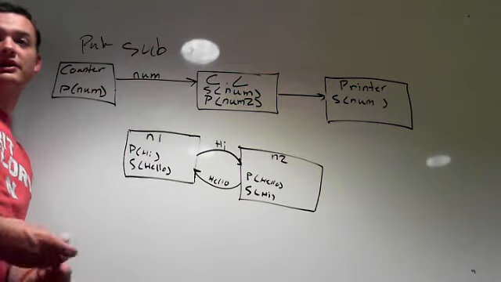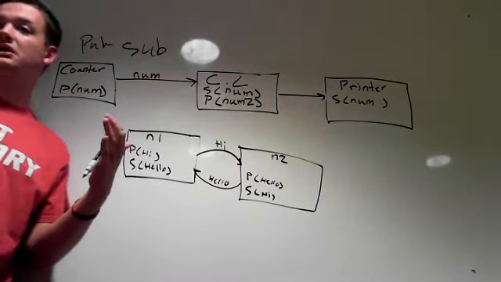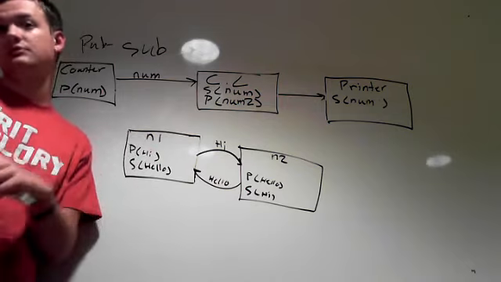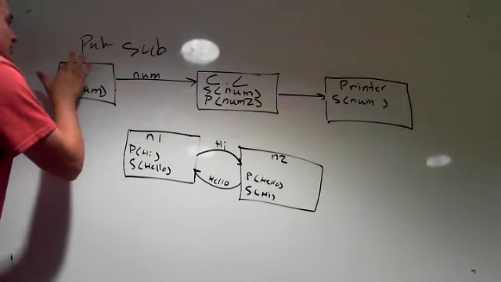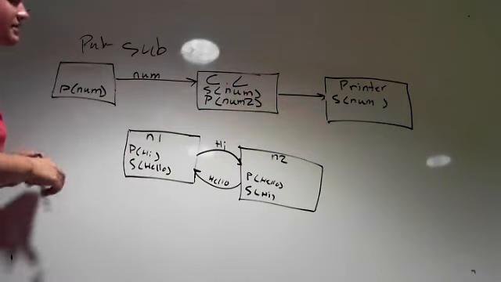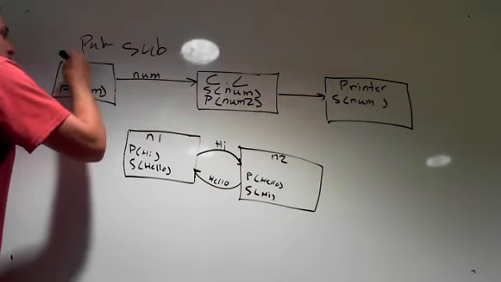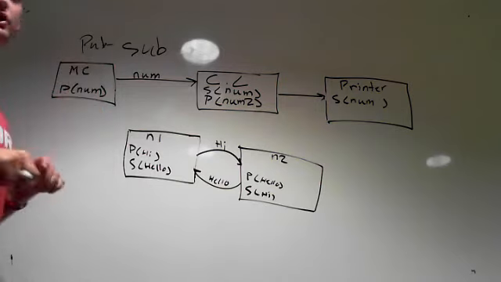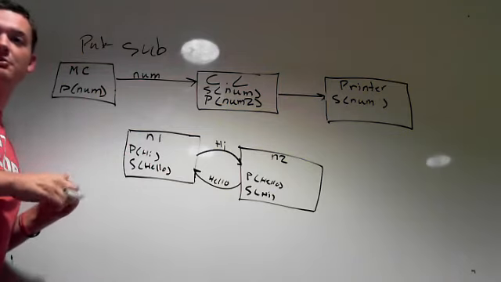I guess for another thing, if we wanted to change this for a more applicable use, say this thing that's publishing here is a motor controller. We'll do MC. And the motor controller is going to be publishing a num to central command.